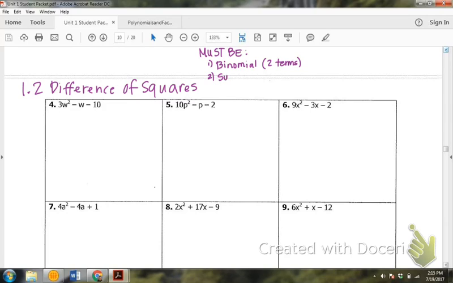So it must be a subtraction problem. And then the third thing is that both terms must be perfect squares.